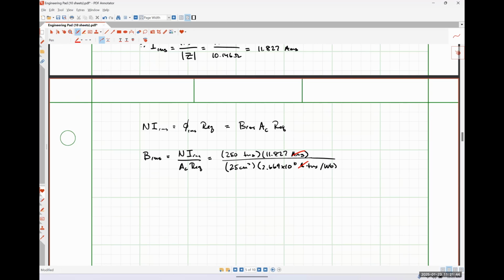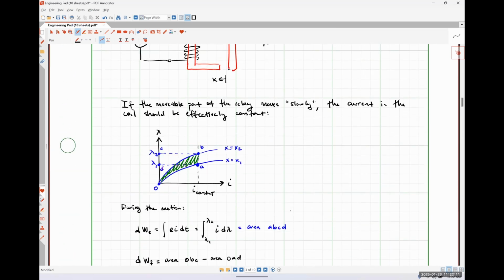So I'm just going to convert between centimeters and meters to make things work out right here. Okay. So 100 centimeters up here, meters goes down here, square this whole thing, and I wind up getting 0.443 Tesla.